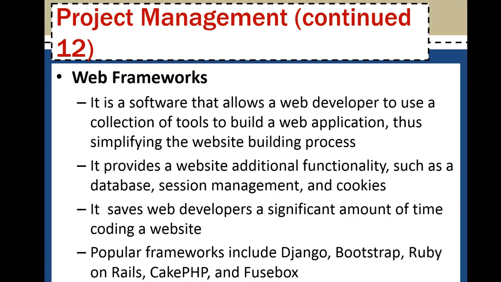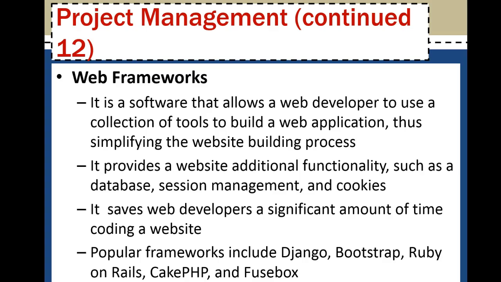The next thing that we will talk about is web frameworks. A web framework is basically software that allows a web developer to use a collection of tools to build a web application, thus simplifying the website building process. Web frameworks provide a website additional functionalities such as database, session management, and cookies.